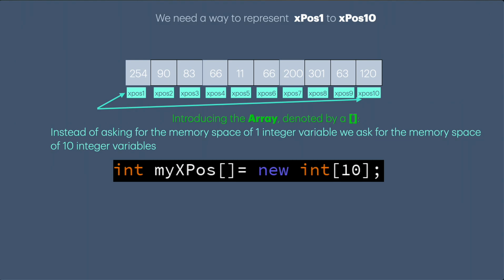Instead of asking for the memory space of one integer variable, we ask for the memory space of many integer variables at once. In this case, we are asking for the space of 10 integer variables, and that's the code to make my x position refer to 10 integer variables in memory.